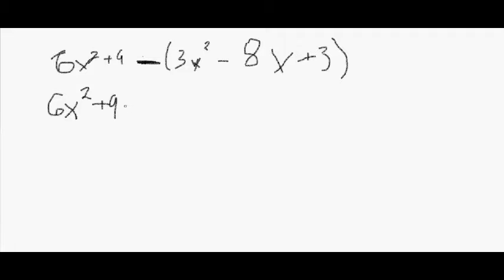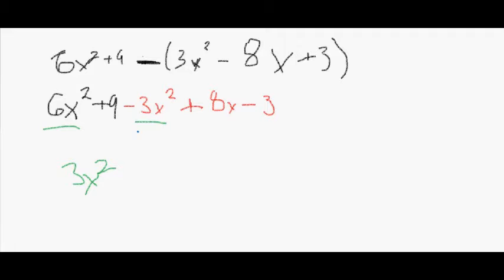Because this is a negative, everything changes to the opposite sign. That positive 3x squared now becomes, I'll write it in red, a negative 3x squared. That negative 8x becomes a positive 8x. And that positive 3 becomes a minus 3.